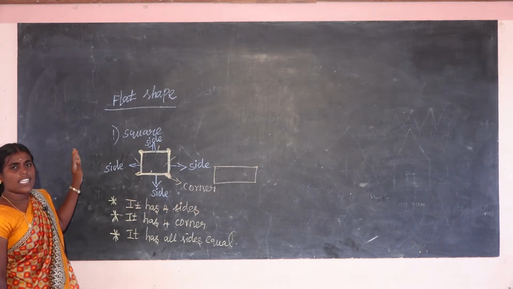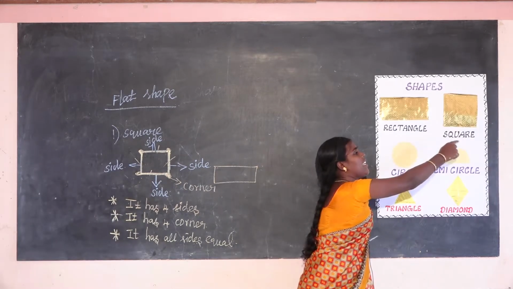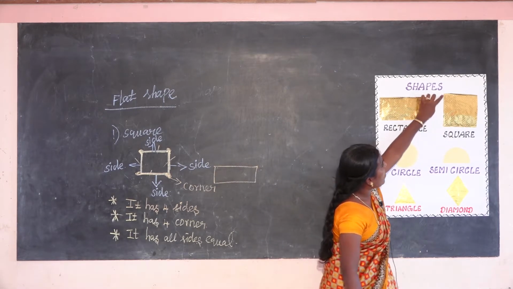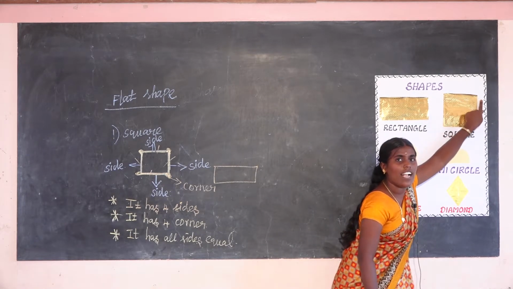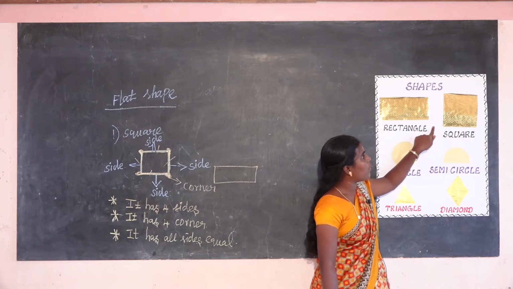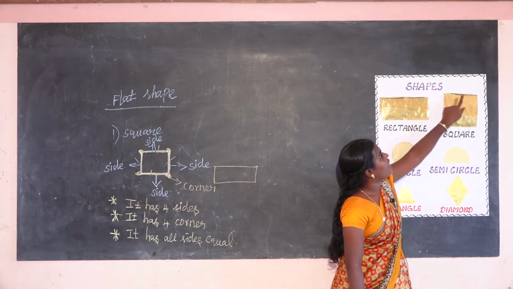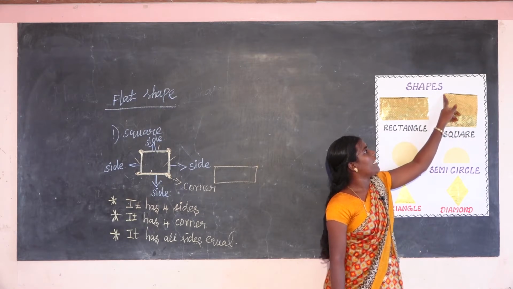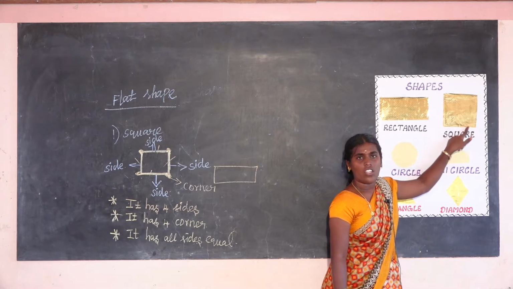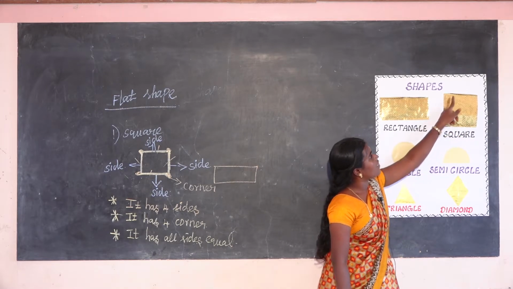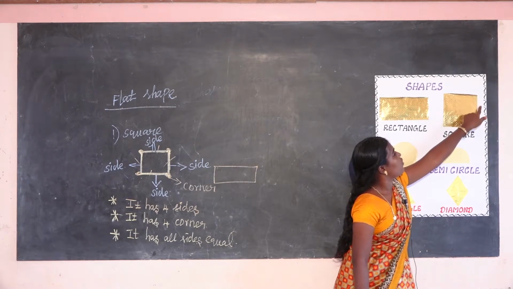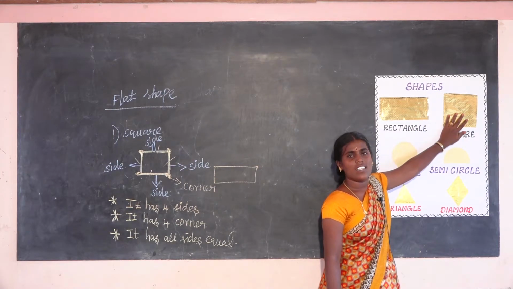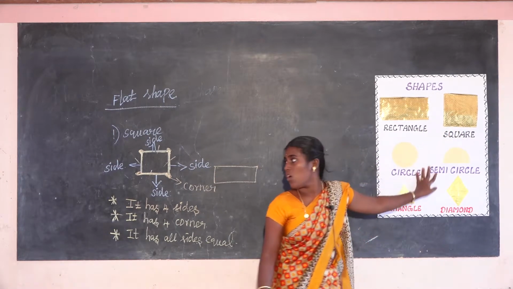That is the features of a square. Here you see all sides are equal. Then 1 corner, 2 corners, third, the 4th. So it has 4 corners. The sides: that is 1 side, 2, 3, then 4. That is the features of a square.